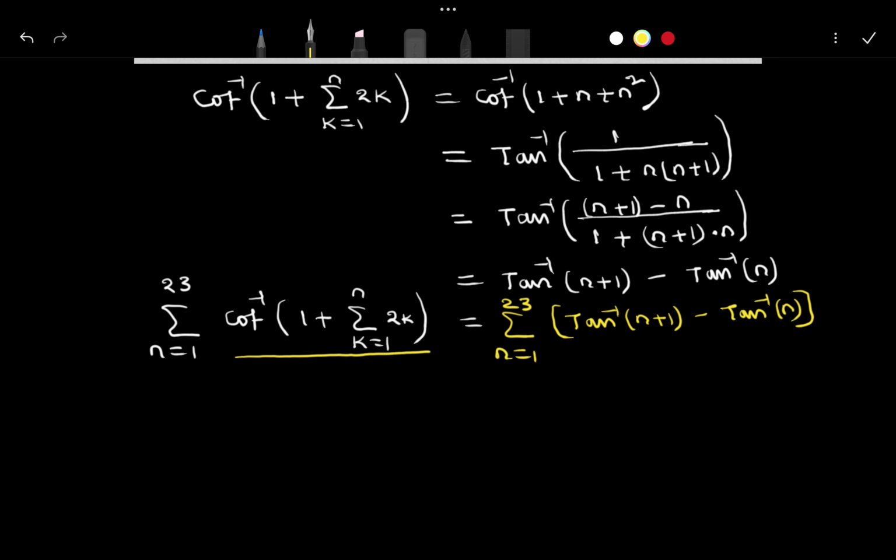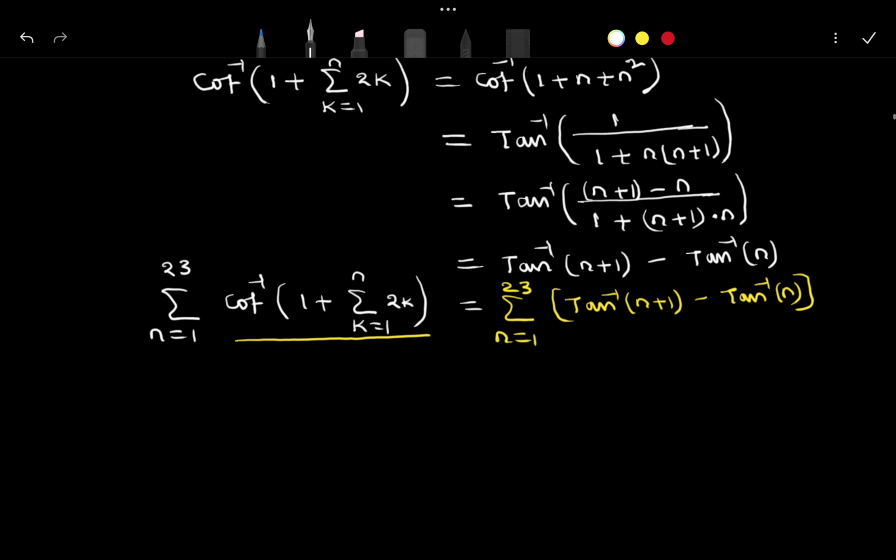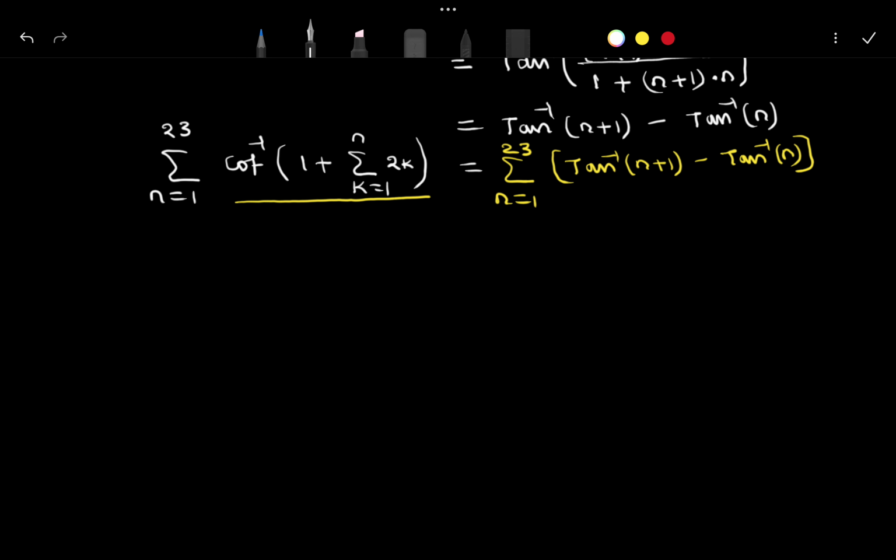Now what is meant by sigma? Sigma is nothing but a sum of all the different terms after substituting the n value: n equals 1, 2, 3, 4 and so on up to 23. Substituting n equals 1 gives the first term, tan inverse of 2 minus tan inverse of 1.